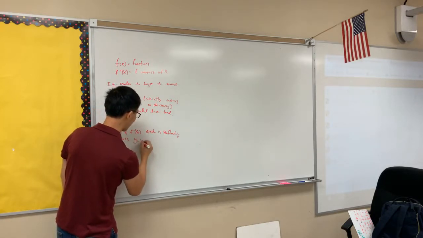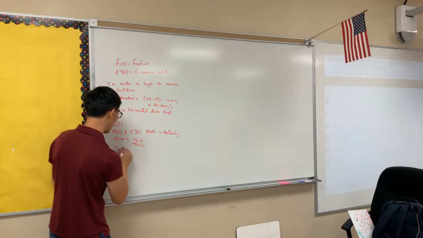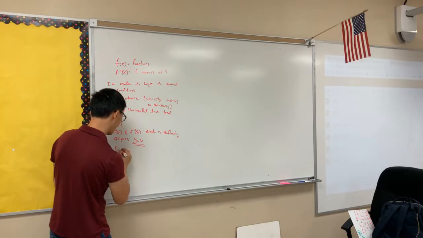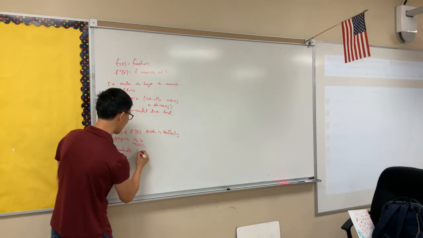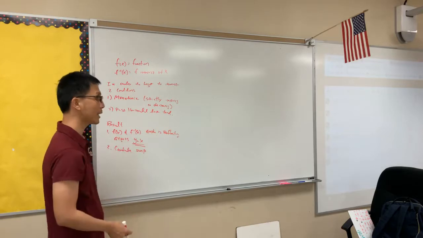Y equal to x. So that was a big deal. And the second thing is coordinate swap. We're going to talk about that coordinate swap. Those are the few things that can happen.